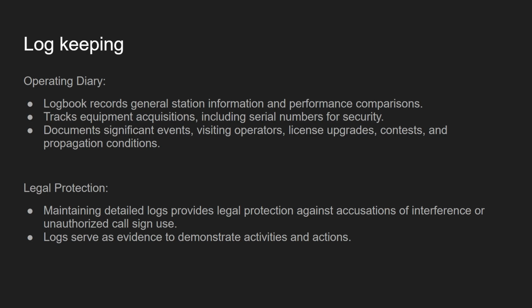But if you are using a mobile or portable station, you can omit the logbook, except if you are using the mobile station to communicate under 30 megahertz, then you must have the record logged in your logbook. So there are two cases. Fixed station, always logbook. Mobile and portable, below 30, logbook.